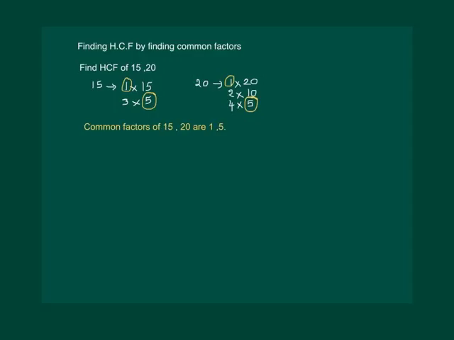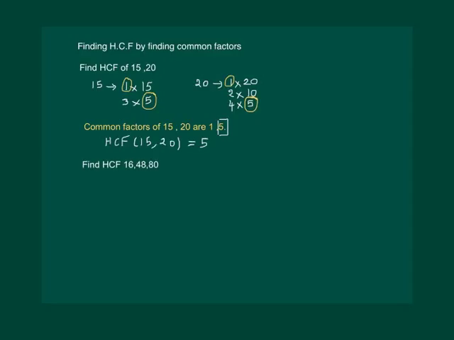Out of 1 and 5, 5 is the highest common factor. So we can say that HCF of 15 and 20 is 5.